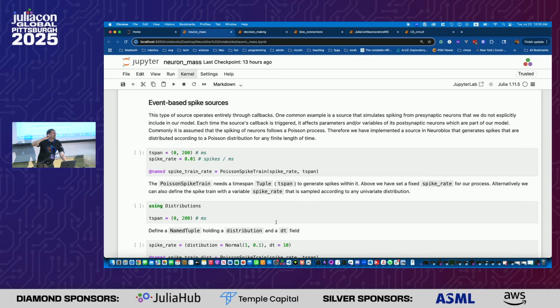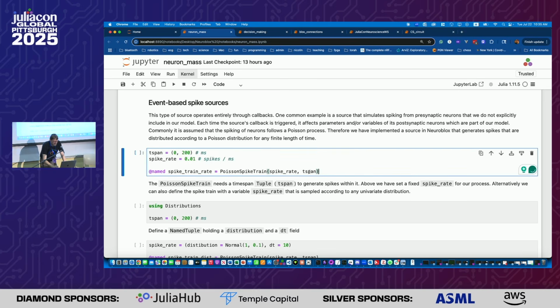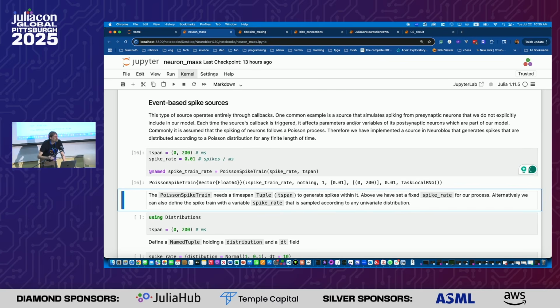The cortex projects to the STN or the GPe a signal that is essentially a Poisson train of spikes. And what you can do is just create this input. This is a block that essentially produces a Poisson spike train.